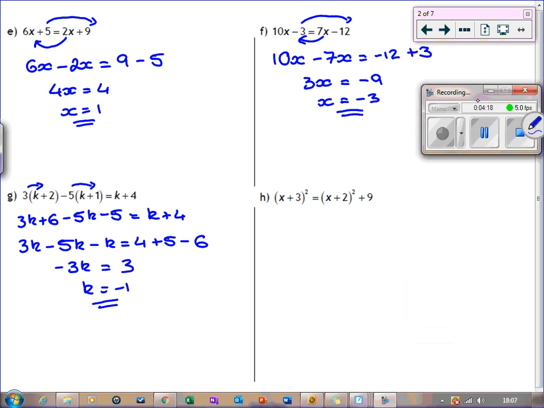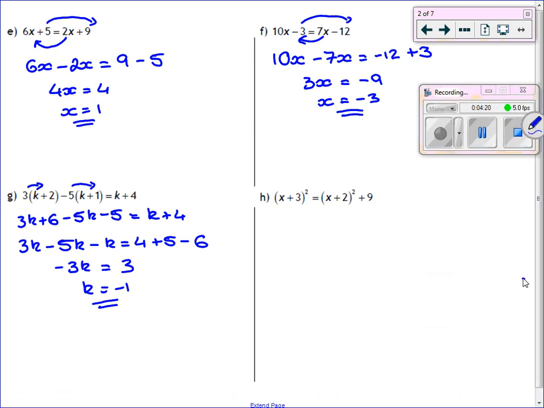The last example in this section just now, we want to solve these equations. Now, we're going to have to do a little bit of expanding before we start moving things about.